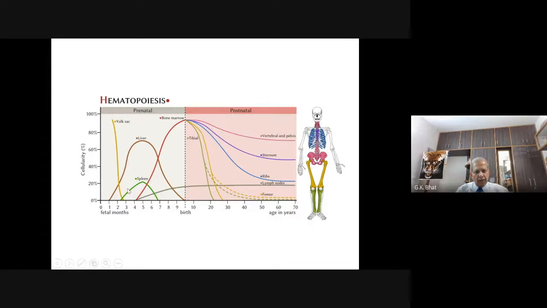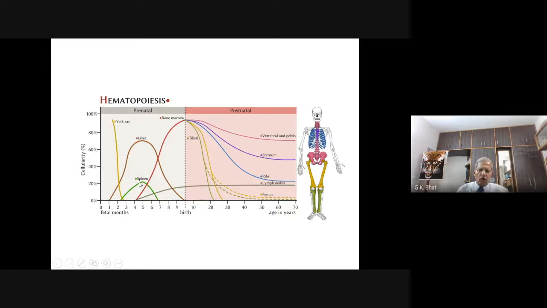Once blood cell production starts in the liver during the first month, when the fetus passes through the second month and advances towards the third month, in between the second and third month, blood cell formation starts in the spleen. In the spleen it continues up to nearly the 7th month, reaching the peak between the 4th and 5th month.